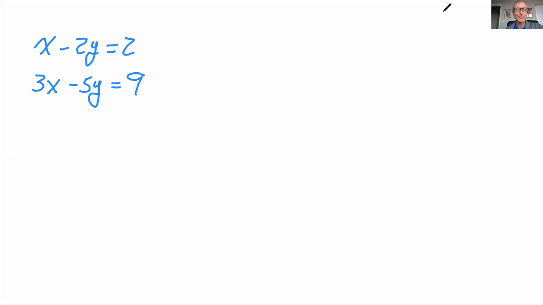This is the first equation that we're going to manipulate using these row operations. The first thing you want to do is put it into the matrix format. So this would be our original matrix. Remember, this we'll call row 1, this we'll call row 2, and those are equation 1 and equation 2.